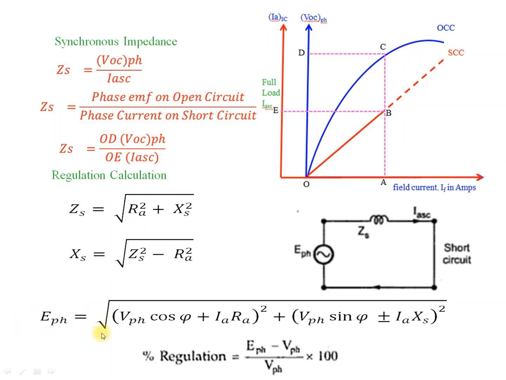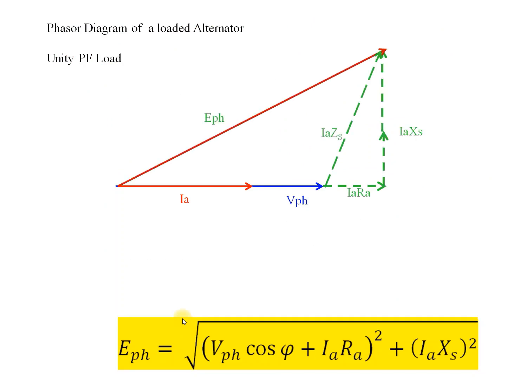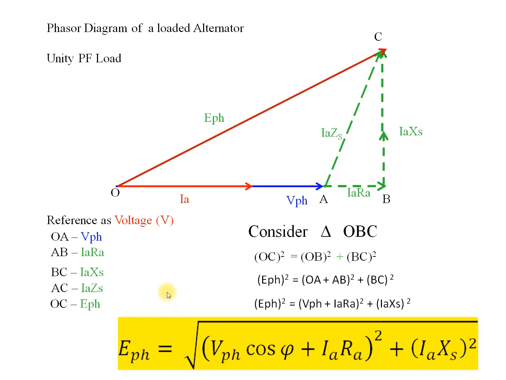That can be found from the root of (V phase cos phi plus IA RA) the whole square plus (V phase sin phi plus or minus IA XS) the whole square. How we get this equation, we will see in this slide. Here you can notice we are generated with this V phase.